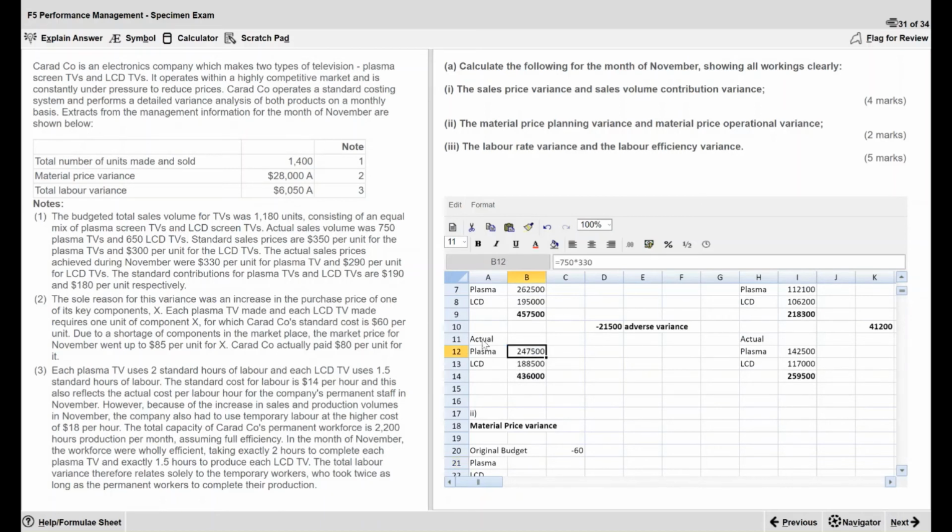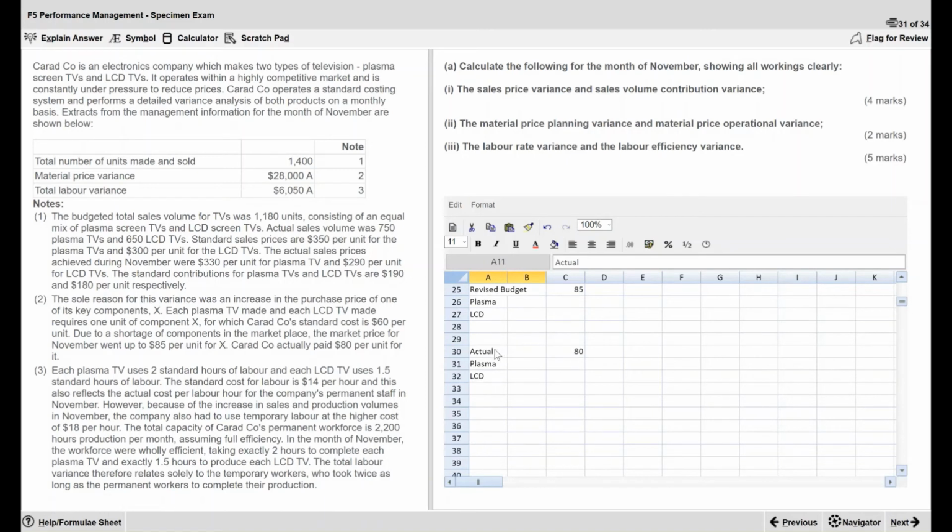We have that information here. So I'm going to just remove the price. Remember, the units don't change. The only thing that changes is the price.